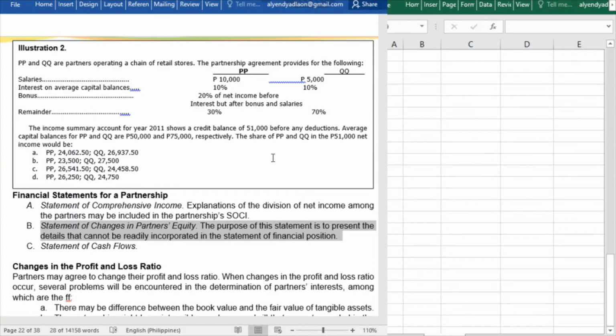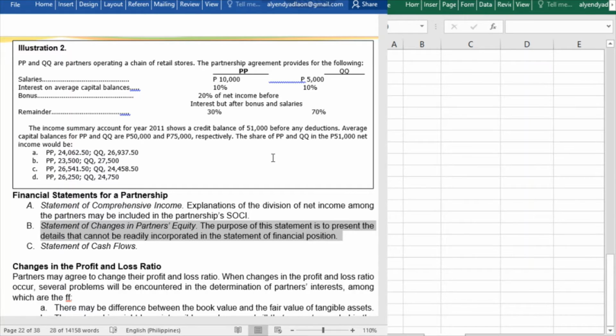There's also the withdrawal account of partner 1 and partner 2. But take note that in a statement of financial position, the components of those equity are not being broken down. So that's why we have this statement of changes in partners' equity, so that we can see how we came up with the ending balance of our equity.